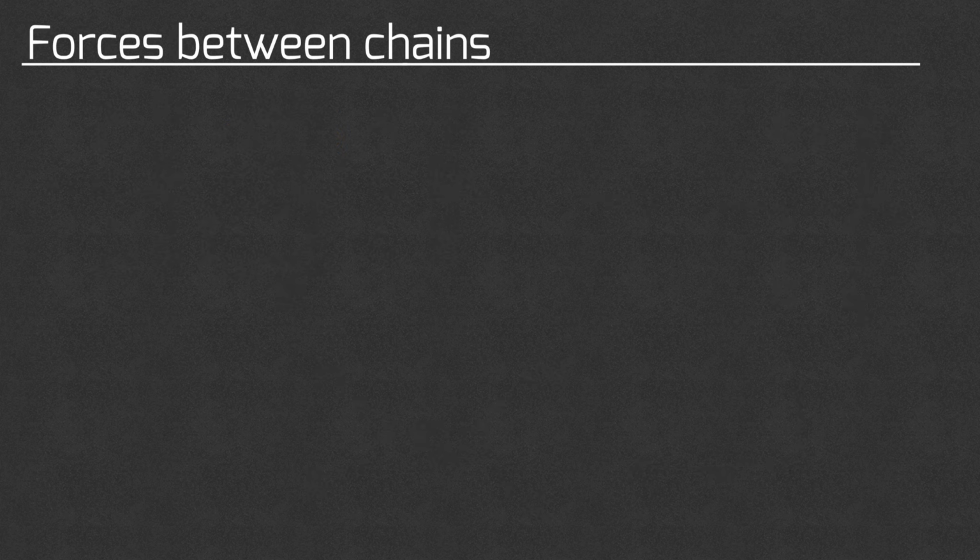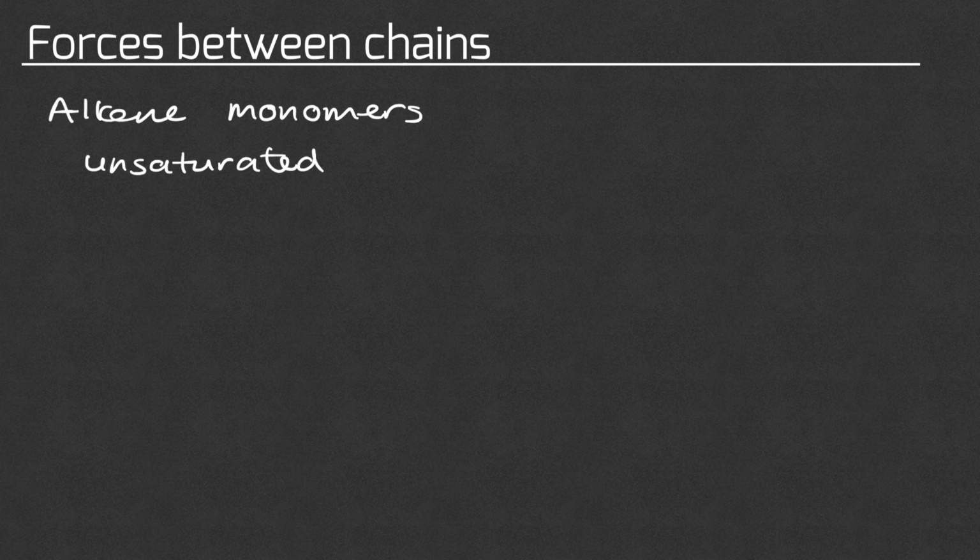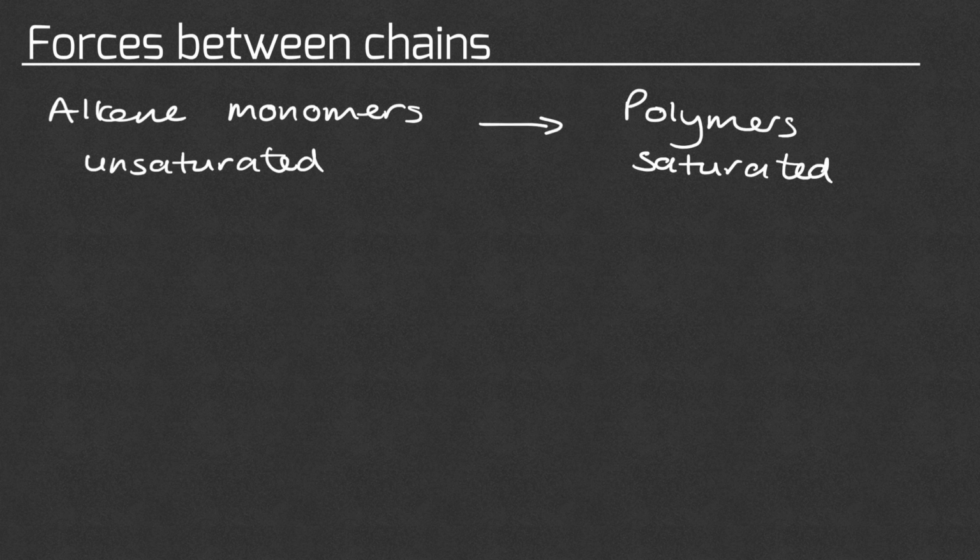We're now going to look at the different kinds of intermolecular forces which occur between different polymer chains. Alkene monomers are unsaturated, they have a carbon-carbon double bond, while the polymers are saturated, they don't have a double bond.